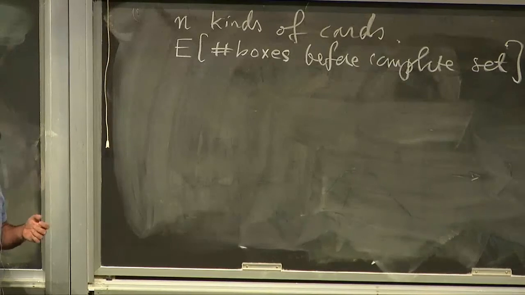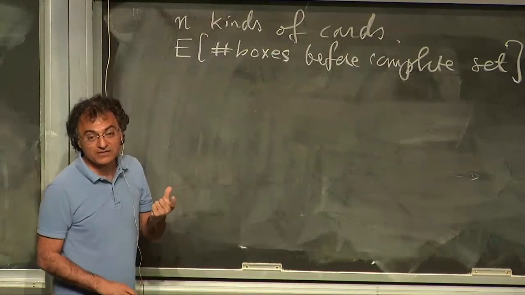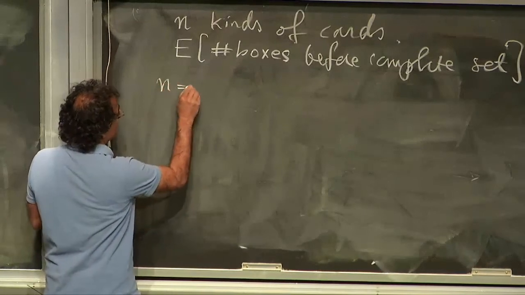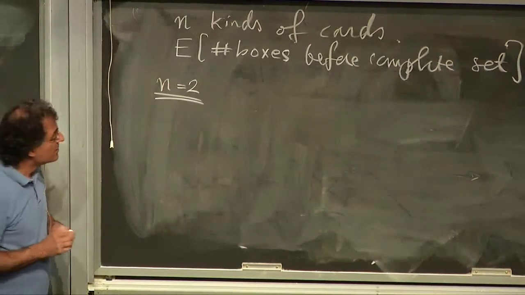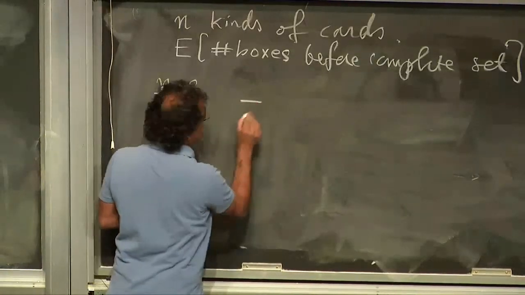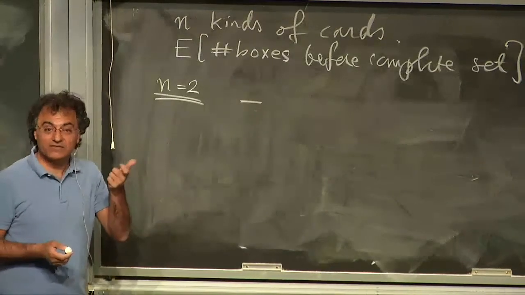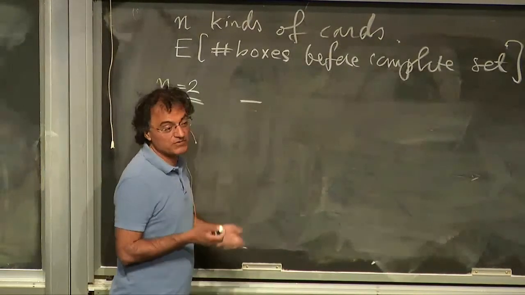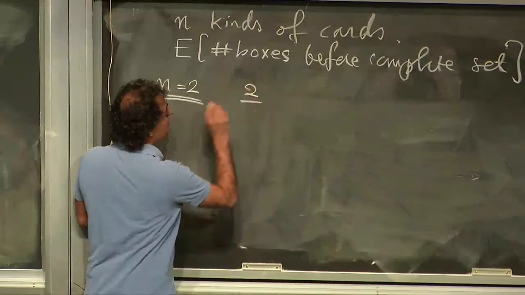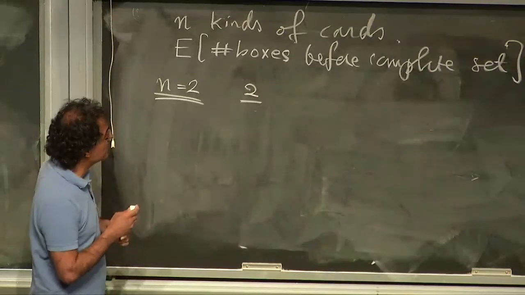Well, let's look at the special case where there are exactly two kinds of cards. The first box, you get a certain kind of card. Let's say there are two kinds of cards, 1 and 2. You either get card type 1 or card type 2. Doesn't matter which one. Let's say you happen to get card type 2 in the first box you purchased.